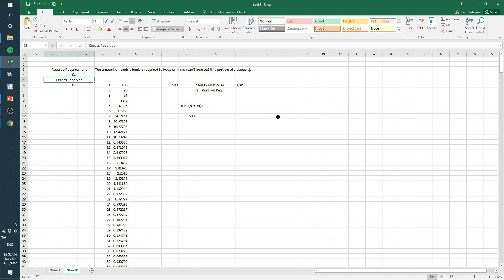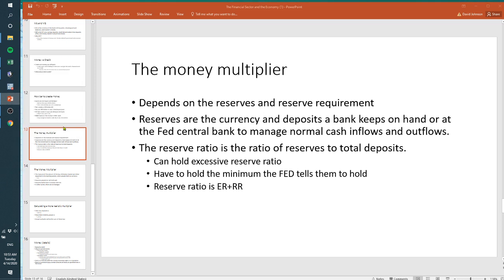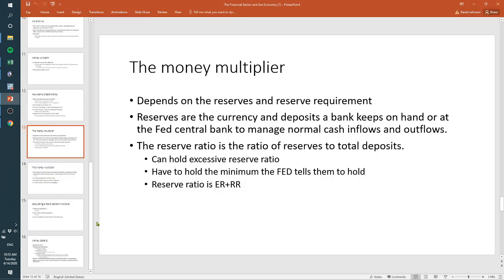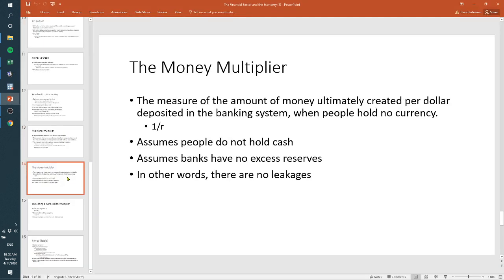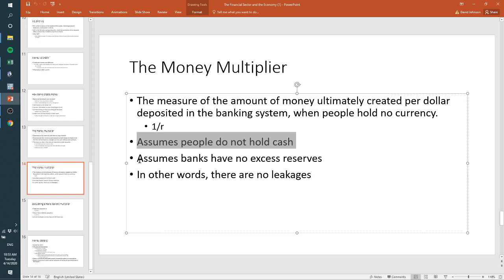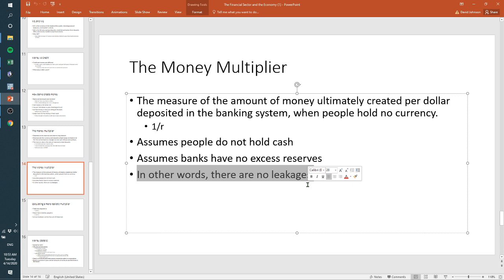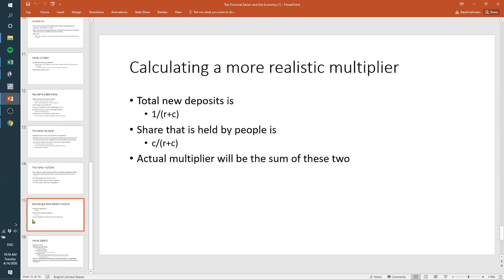So those are the 3 primary motives. Let's see if we have them on the slide so that you can review them at your leisure. All right, so we've gone over the money multiplier, and this is the simple money multiplier. It assumes that people do not hold cash, assumes banks have no excess reserves, and in other words, there are no other leakages. I think we went over that one.